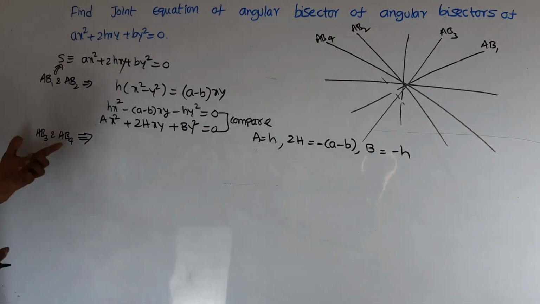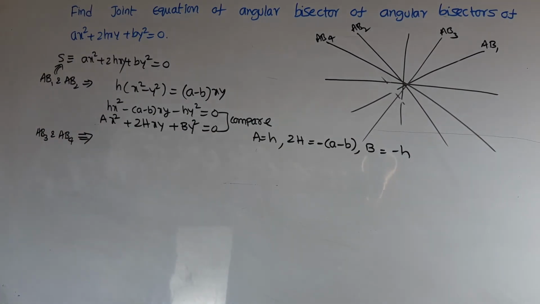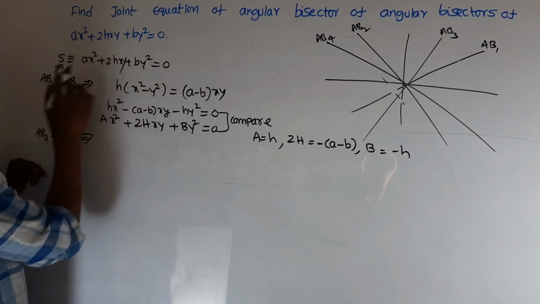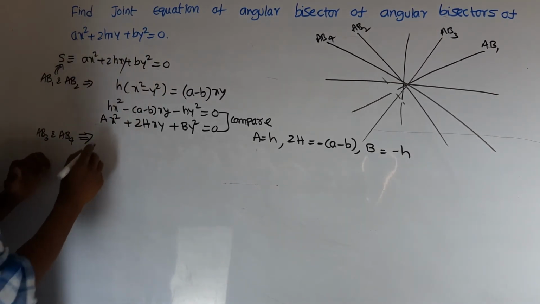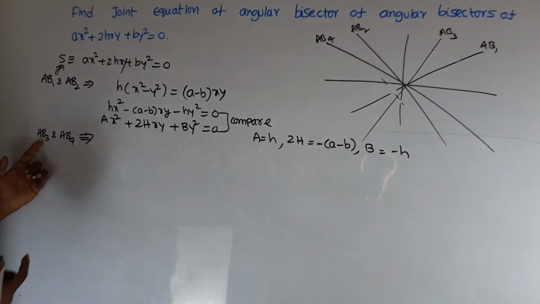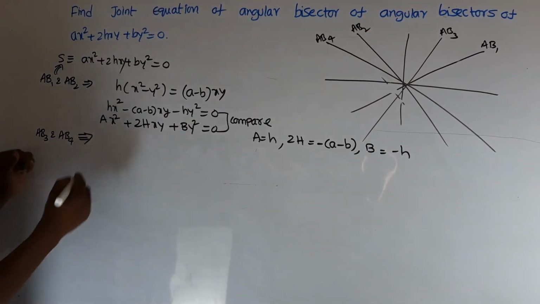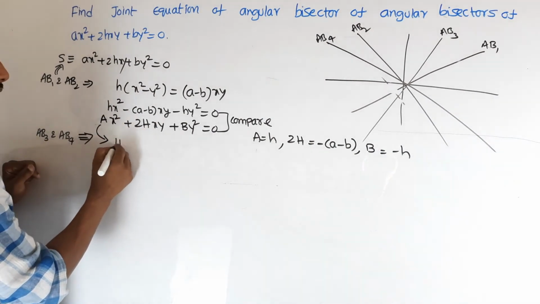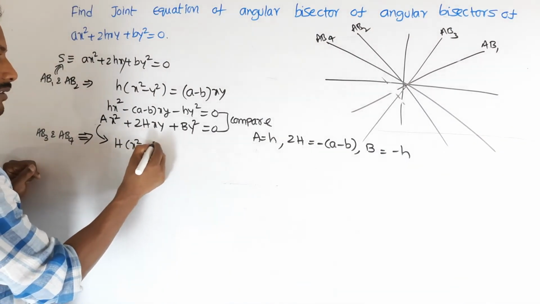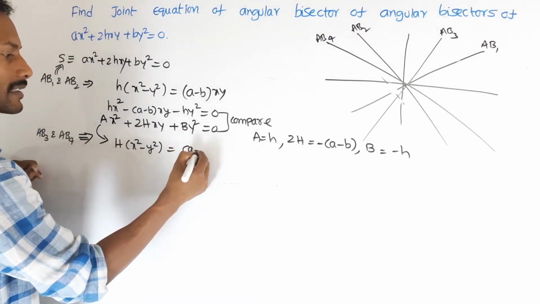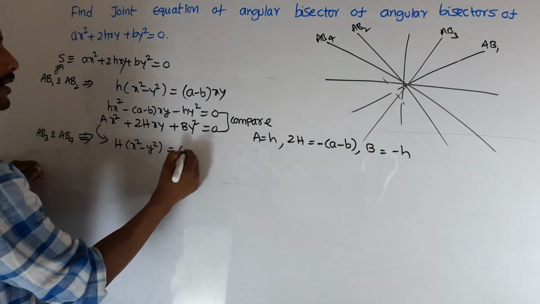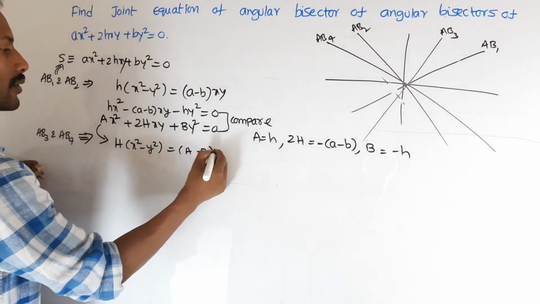Now angular bisector 3 and angular bisector 4. What is the general formula? The line equation given to us is angular bisector 1 and angular bisector 2. What line equations come for this? Angular bisector 3 and angular bisector 4. So what formula do we get for this? Capital H into x square minus y square equals capital A minus capital B into xy.